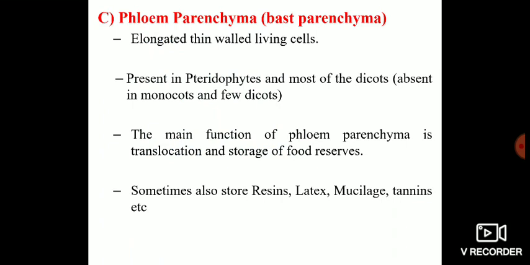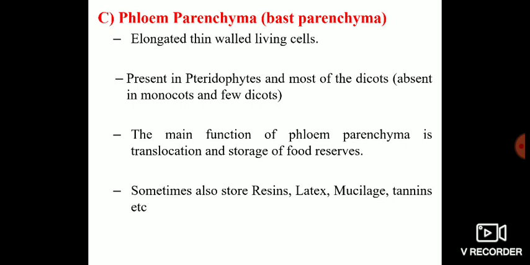Then the third cell type is known as phloem parenchyma or bast parenchyma. These are elongated thin-walled living cells, and these cells are present in pteridophytes and most of the dicots. You have to remember this point, this is very much important.